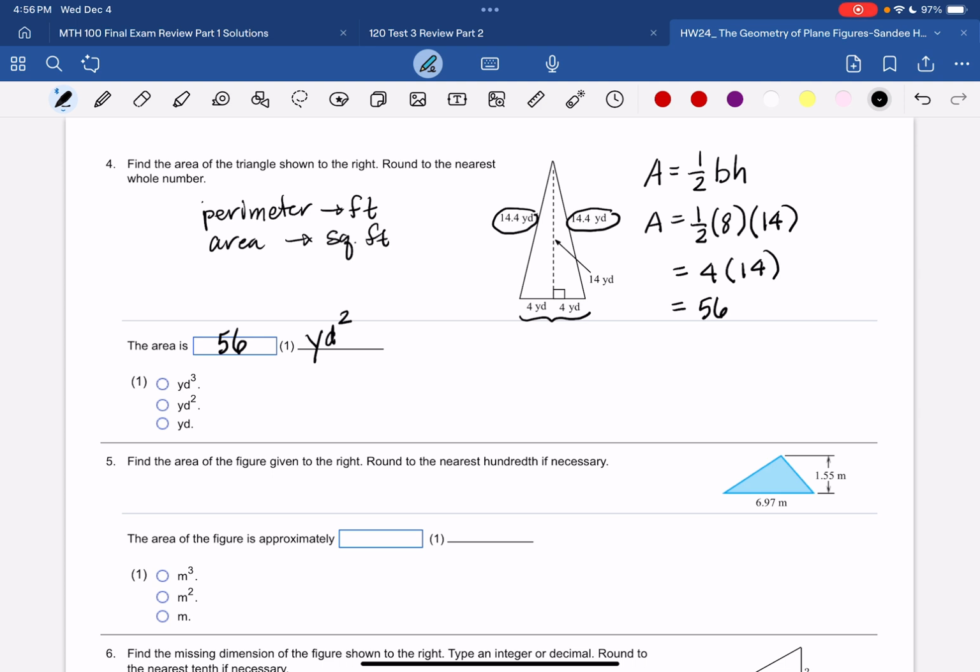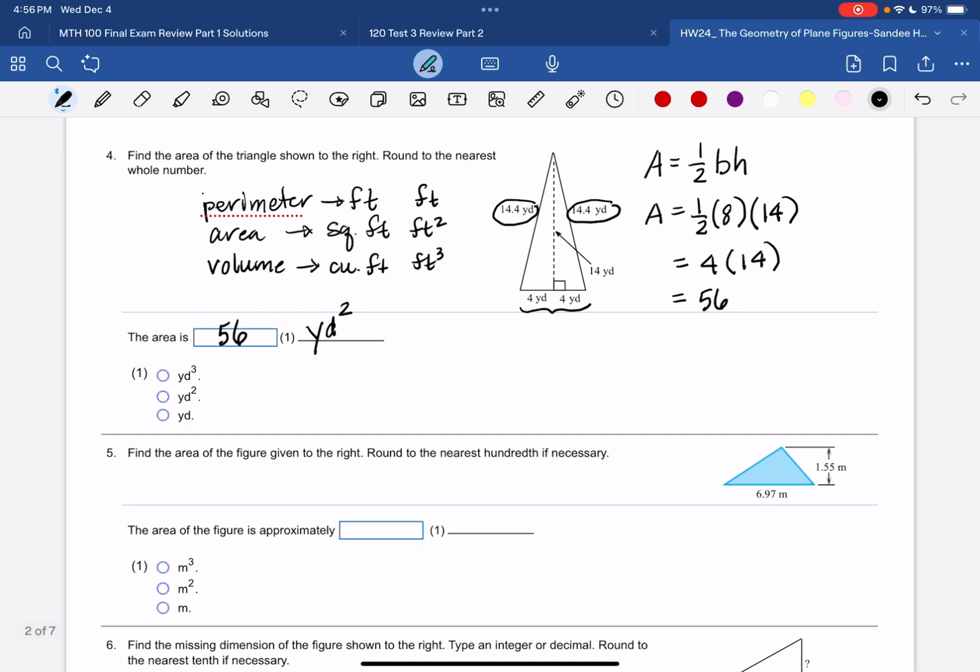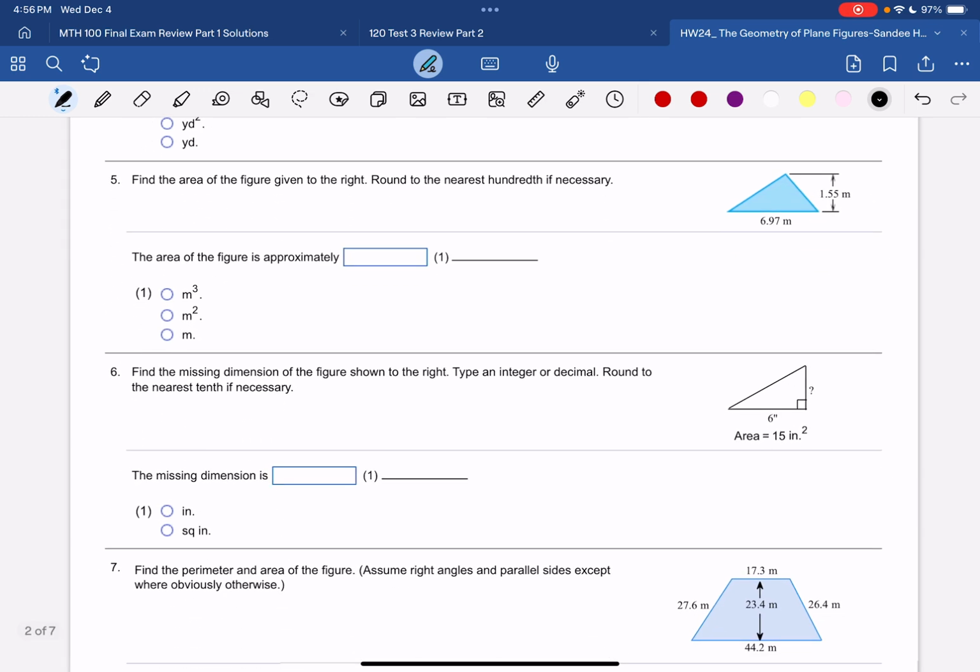And when we get over to the three-dimensional shapes, the volume would be in cubic feet. So feet, square feet, and cubic or third power, meaning 3 dimensions: length, width, and height. And we'll see those when we get over to some volume problems. But area is always in squares.